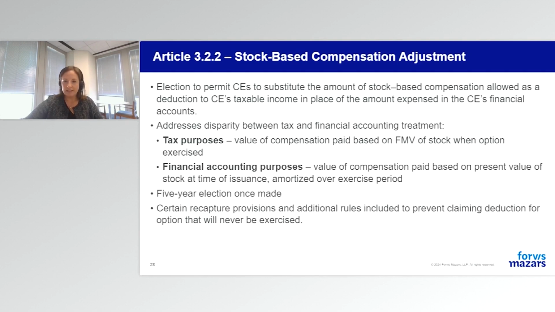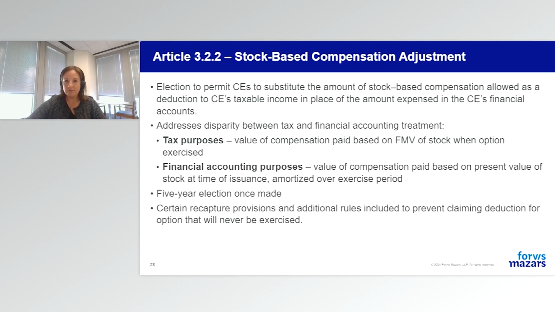All right, next, Article 3.2.2 provides for an election for the constituent entity in which they may substitute the amount of stock-based compensation allowed as a deduction to the constituent entity's taxable income in place of the amount that's expensed within their financial accounts.